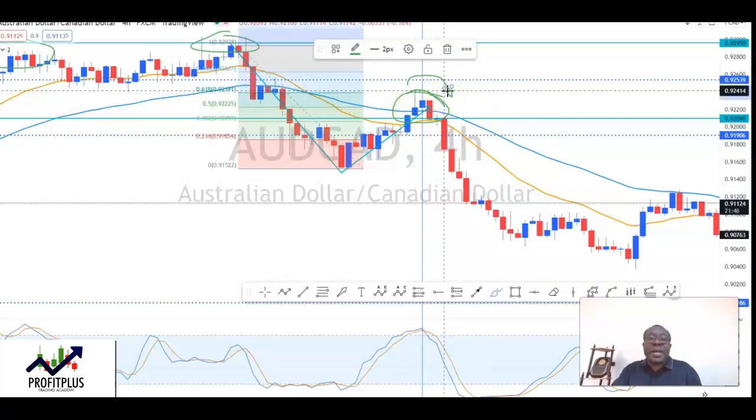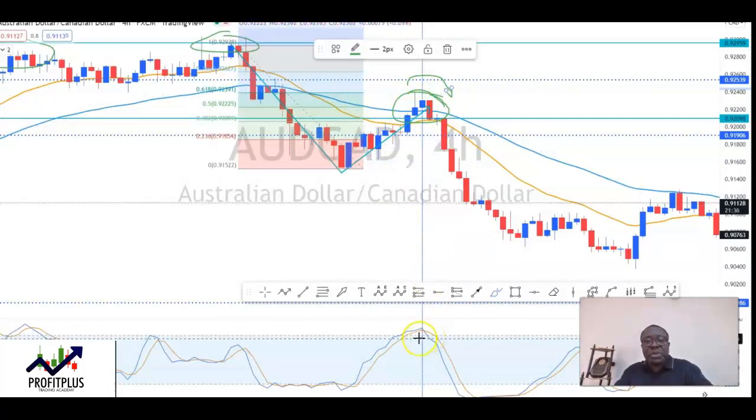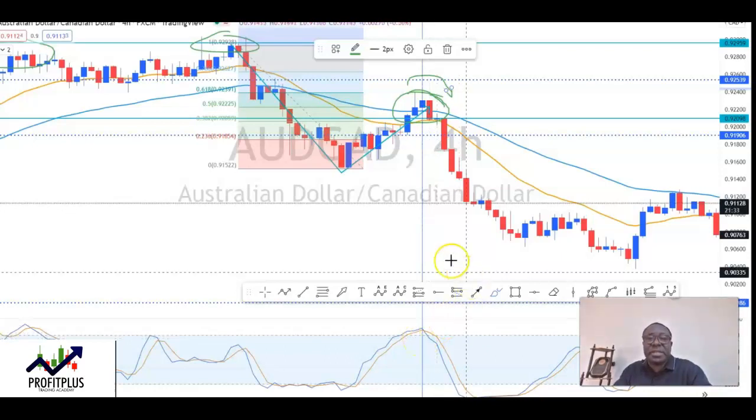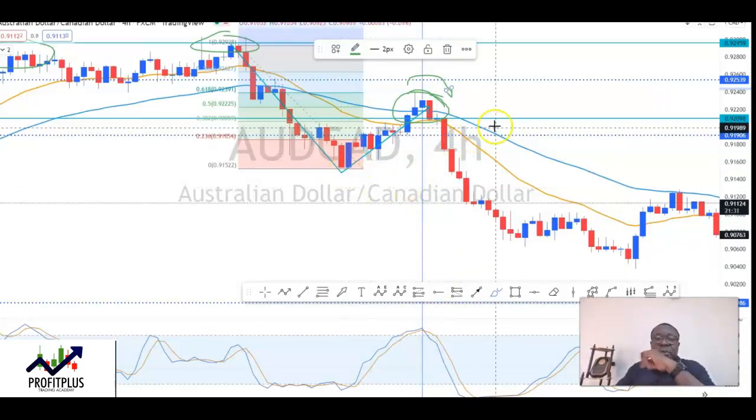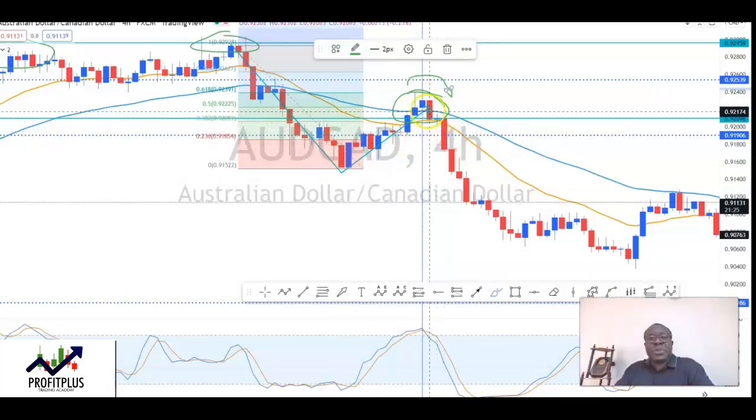Price has gotten to between the 50 and 61.8% retracement handle, and we're already in the overbought region based on stochastics. Also, using the EMAs, price is within that retracement zone as well. So this has confirmed my entry.